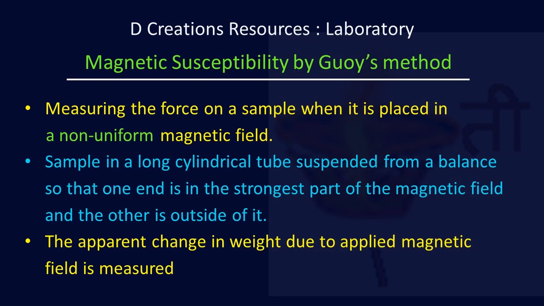The apparent change in the weight is measured as the field is applied and is varied. So chi is 2 delta m g upon mu naught H square L, where delta m is the change in the weight, g is the acceleration due to gravity, mu 0 is the permeability of free space, H is the magnetic field strength, and L is the length of the sample. So if you plot a graph of delta m versus H square, you can find its slope and then plug that value into this formula to determine the magnetic susceptibility.